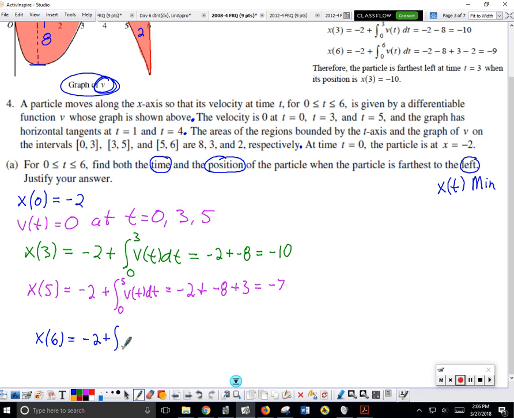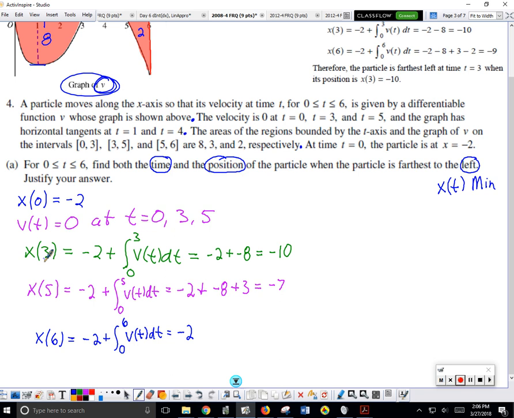Why don't we use -8 and positive? Whenever you integrate going left to right, areas above the axis count positive, areas below the axis count negative. -2 is the value. I'm setting up the fundamental theorem here, and I'm rushing due to time.